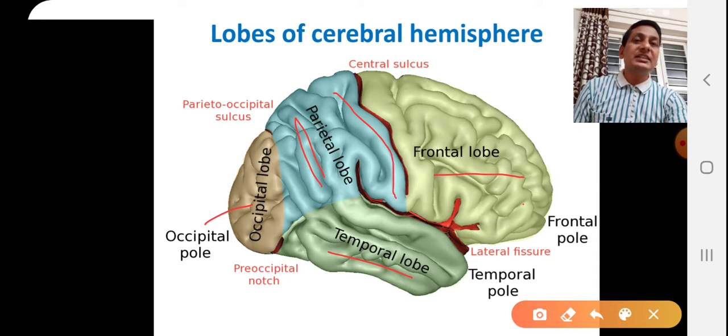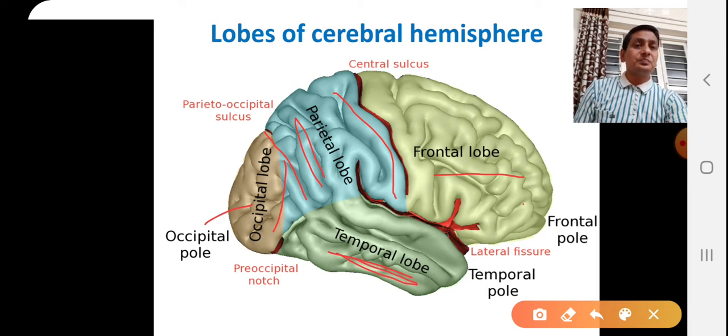In between the central sulcus and parieto-occipital sulcus is the parietal lobe. Behind the parieto-occipital sulcus is the occipital lobe, and below the lateral fissure, the lateral sulcus, is the temporal lobe.